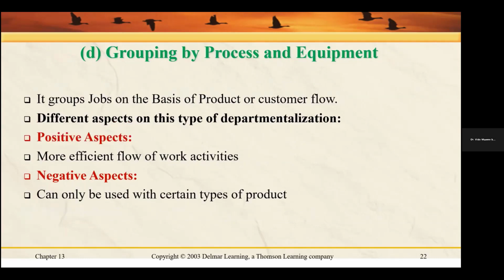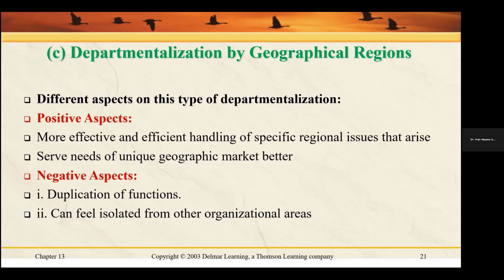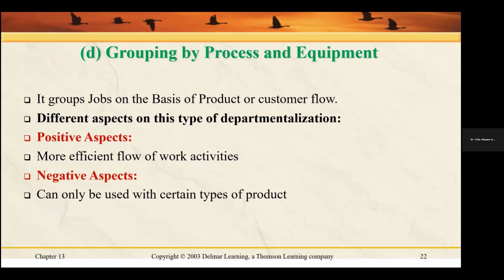What about process and equipment? With process and equipment, it groups jobs on the basis of product or customer flow, the process and equipment on the job and customer flow.